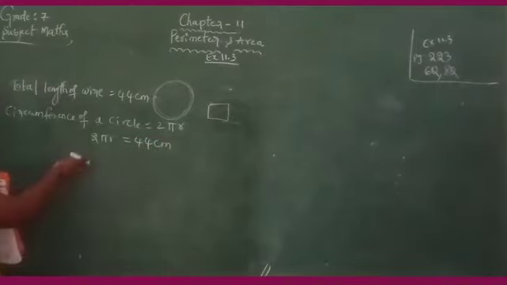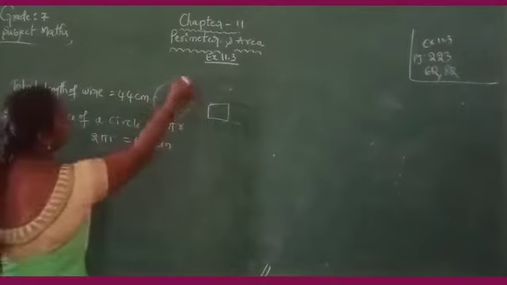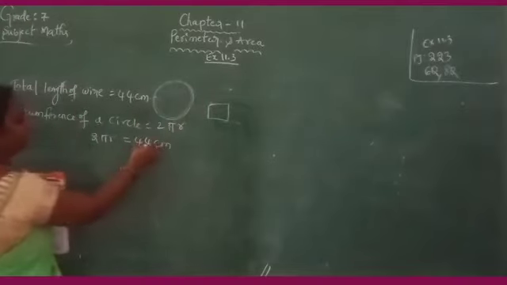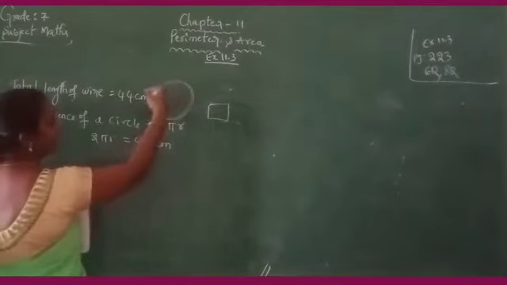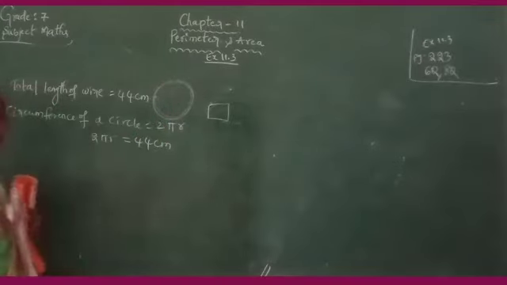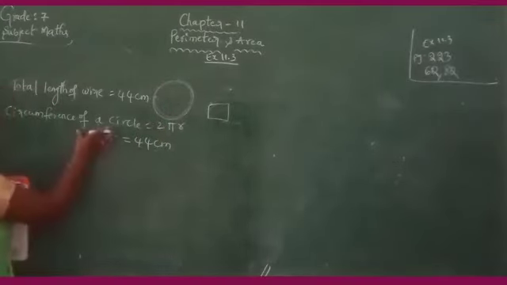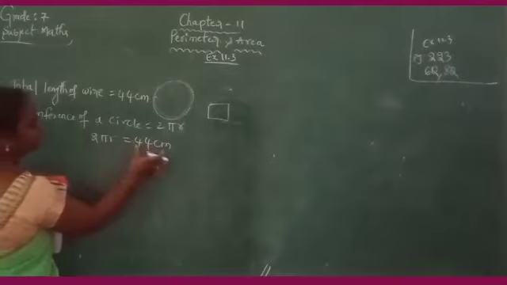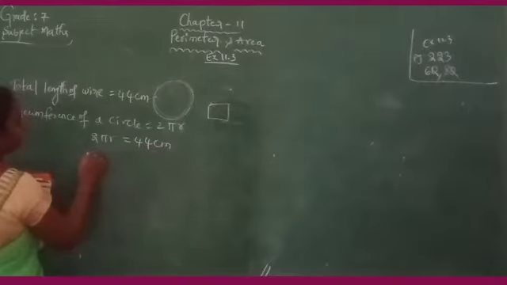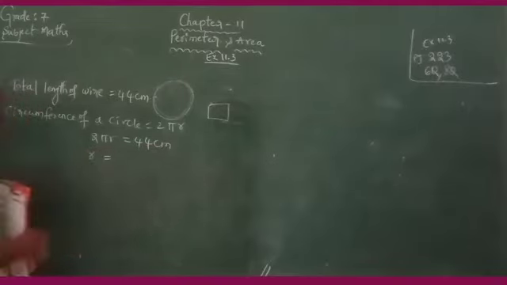Why am I taking the circumference? Because the total length of the wire is 44. The total distance around a circular region is called the circumference. Then the circumference of a circle is equal to 44, and we have to find the radius.